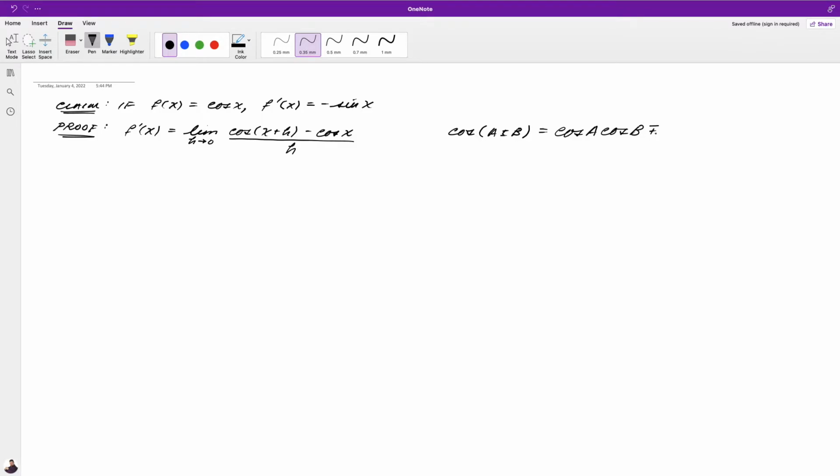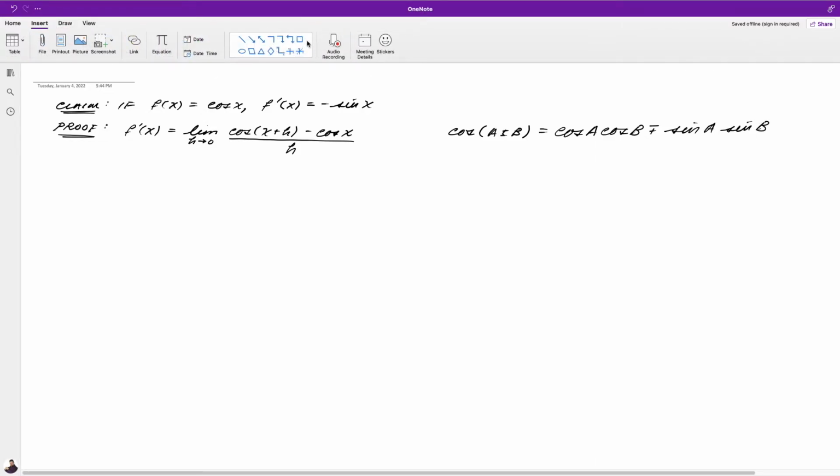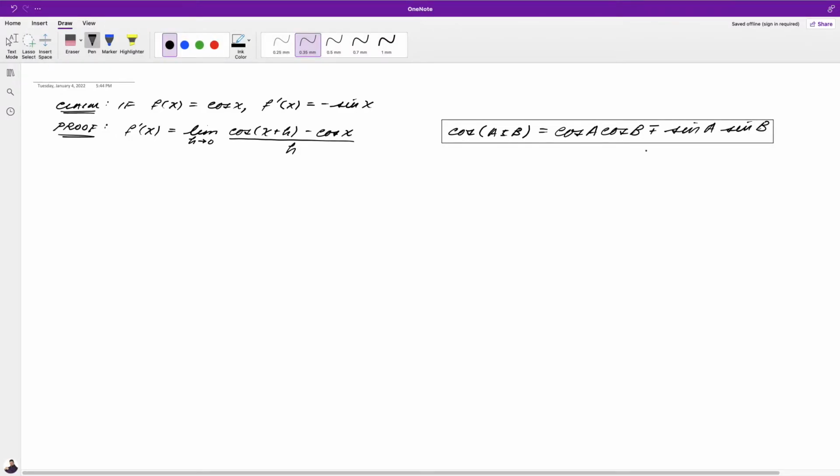If it's a difference, it's a sum in the expansion. Let's get a big box around that. Very important identity that, again, we do have a proof available for if the viewer is interested in seeing that. So we'll be using that here today.